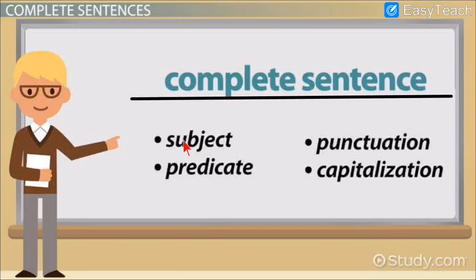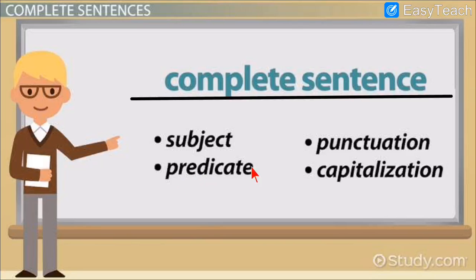When can you say that the sentence is a complete sentence? First thing, it should have a subject. Who is doing the action? For example, the boy, the girl, man, woman, or you can say pronouns like I, we, you. Then predicate. Who is receiving the action?